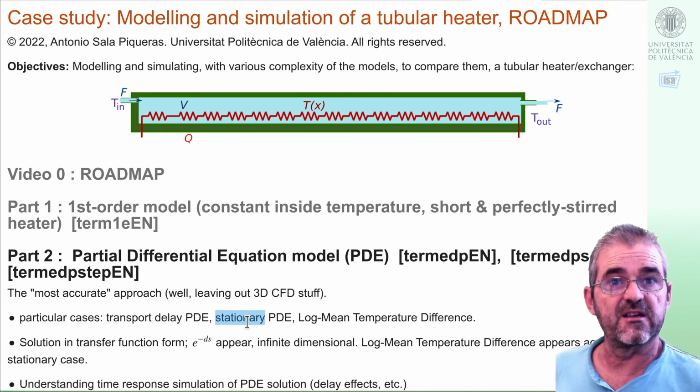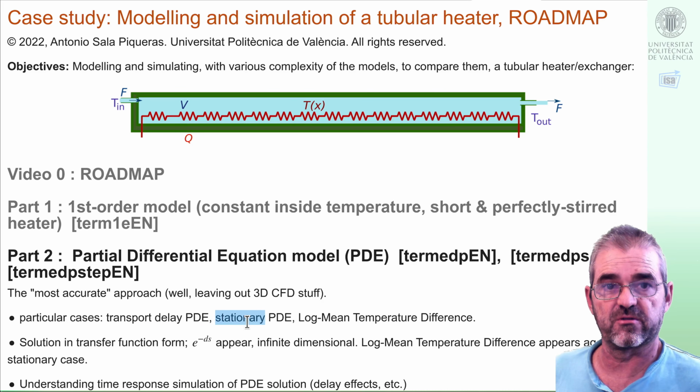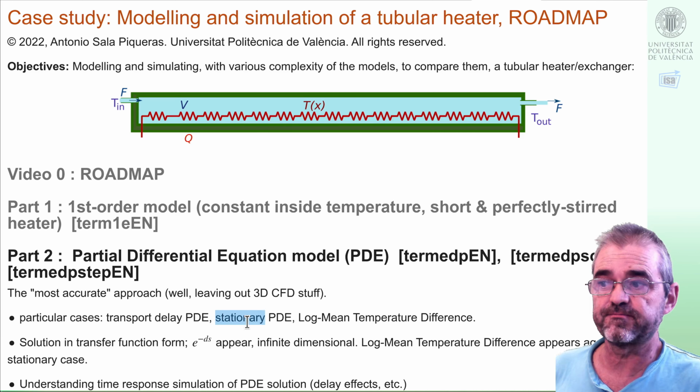We will also have the stationary partial differential equations when time equilibrium has been reached, and we'll have some exponential length solutions. So to undo those exponentials, we will find some logarithmic mean temperature difference formulas which are very popular in heat exchanger textbooks.